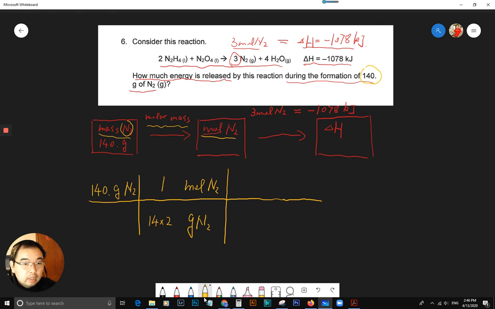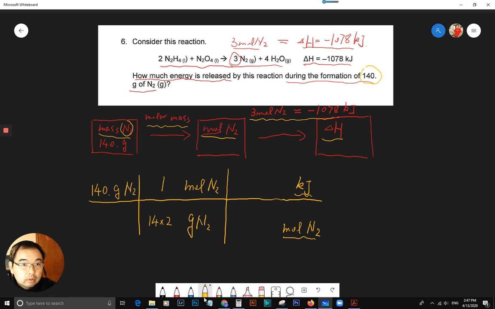Okay, and the next step is once we know the mole of the nitrogen, we need to figure out the change of the enthalpy based on that. So we already have the conversion factor. We put the mole of the nitrogen on the bottom and put the kilojoule on the top. The bottom is what we need to cancel out. On the top of the fraction is what we need: the kilojoule, the heat, the enthalpy.